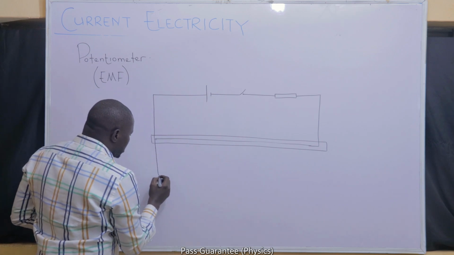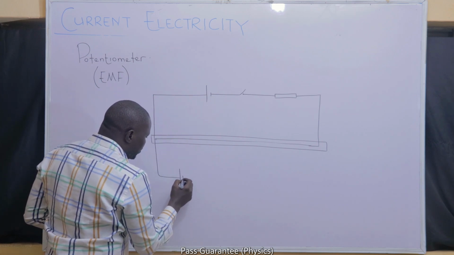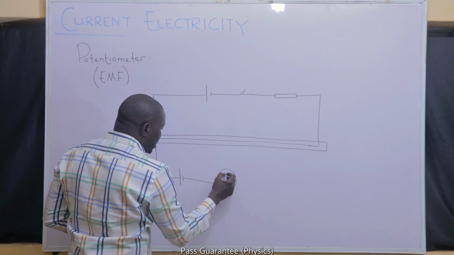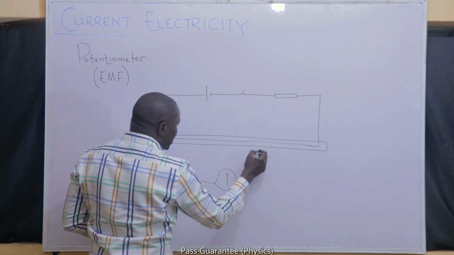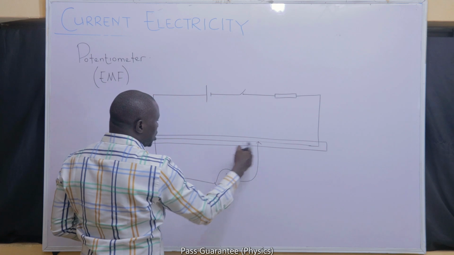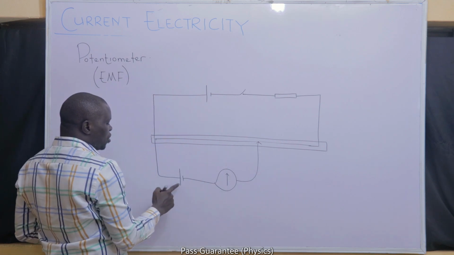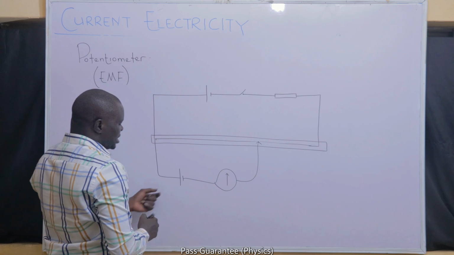I will take a cell whose EMF I already know, connect it to a galvanometer, and get the balance length. The balance length is the length at which I put the jockey on this wire, where the galvanometer will record 0 for this cell.